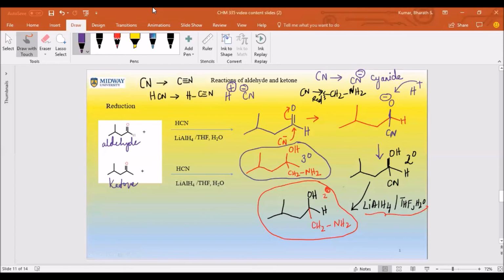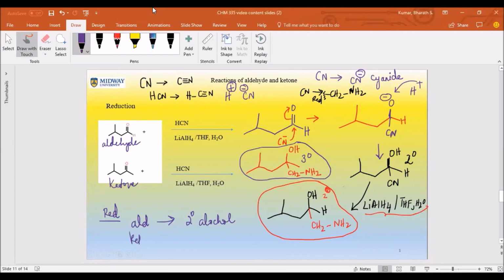So let's take this all in perspective. If you're starting with an aldehyde, you produce a secondary alcohol. If you just stop, the first step could be a mechanism on its own. I'm combining two reactions to show how you can have an alcohol and also an amine.